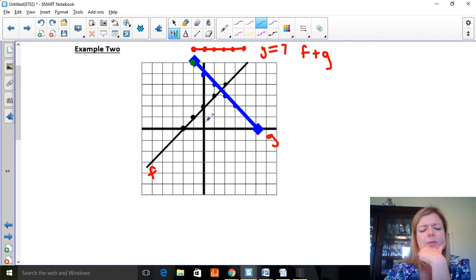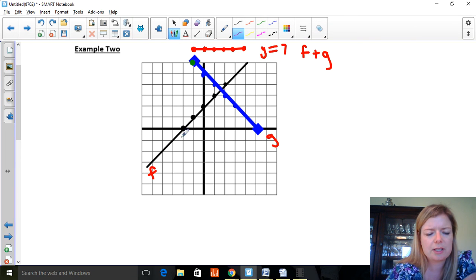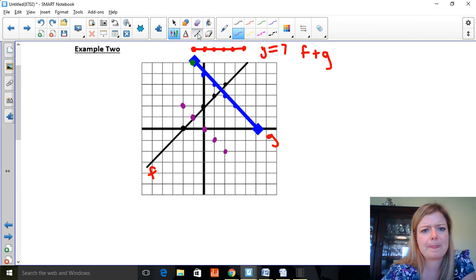So let's do a different one, just because these numbers are getting too high. So let me create a different function down here. Okay, so this is going to be our line down here.